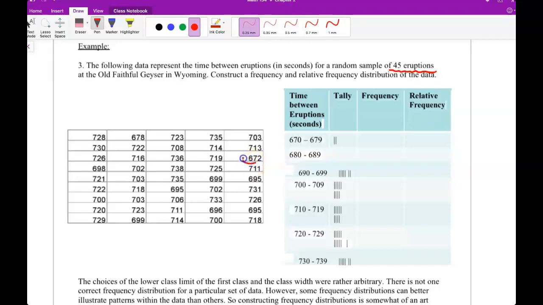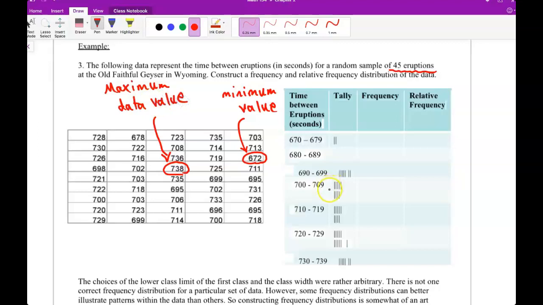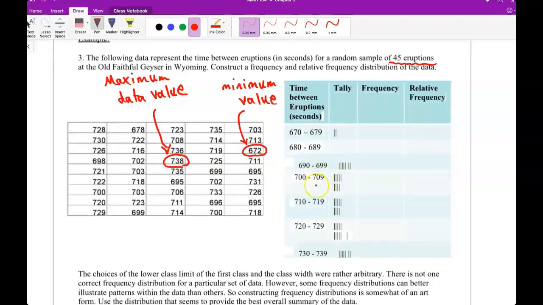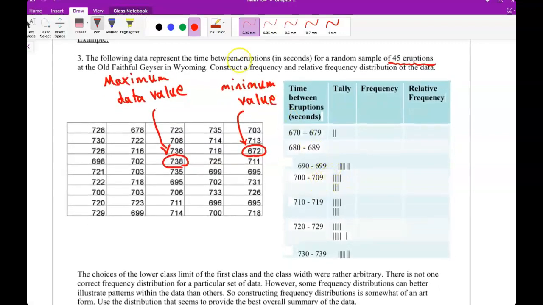This is the minimum number that we have in this table, and here is the max.